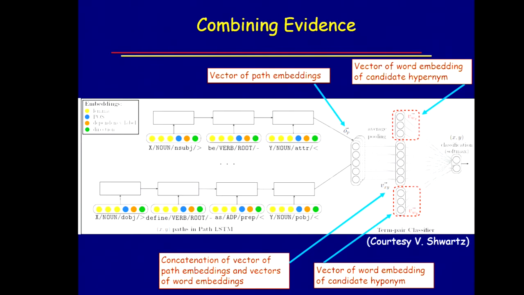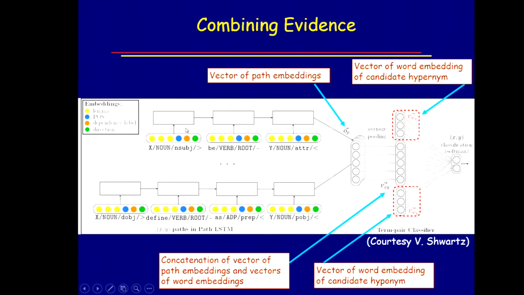What we have here, these boxes in color, these are vectors. These are embedding vectors, 1, 2, 3 in this case. What is here is one element.